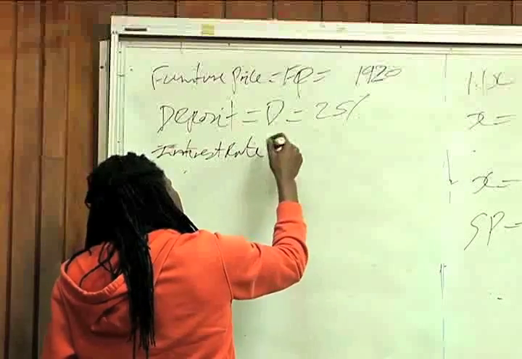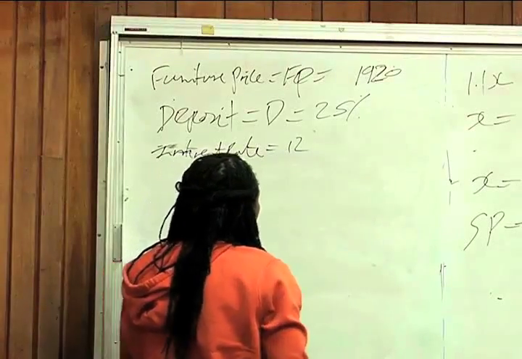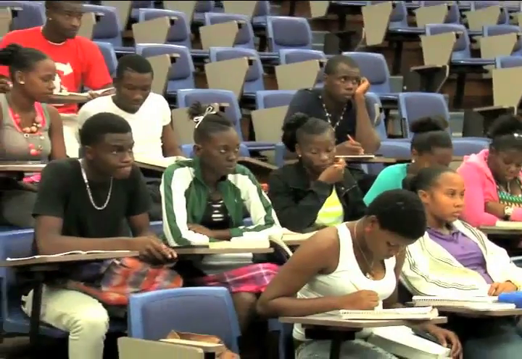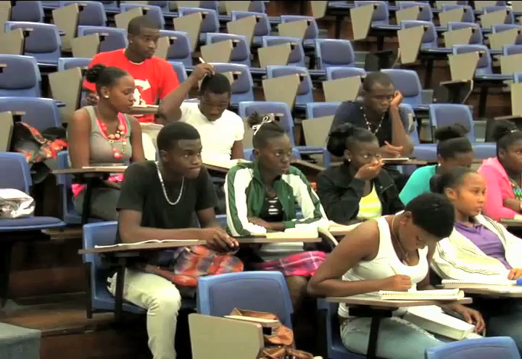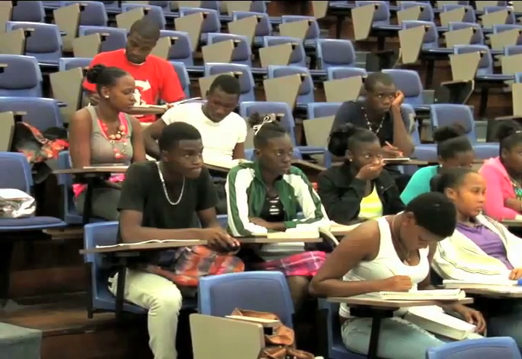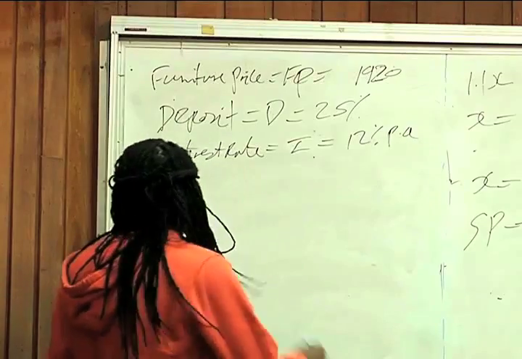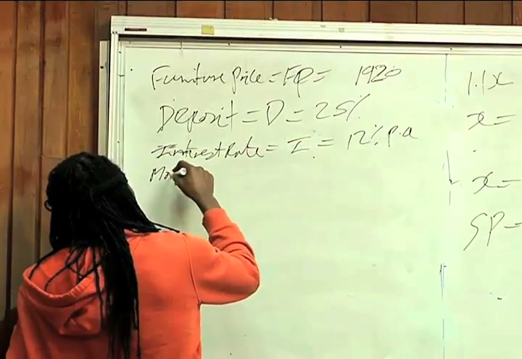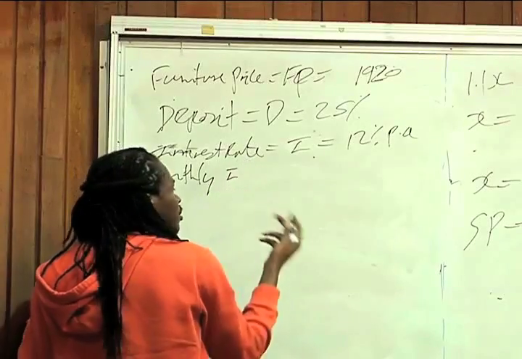The balance is paid in 12 monthly installments. Interest rate equals 12% per annum. What else? And the monthly installment is... no, we don't know that.